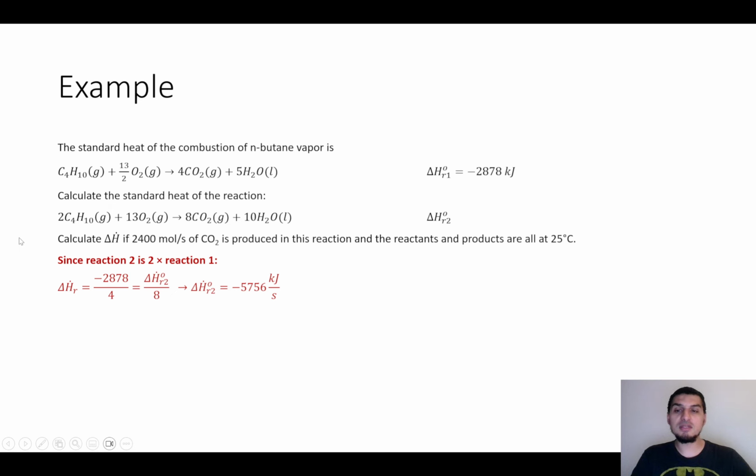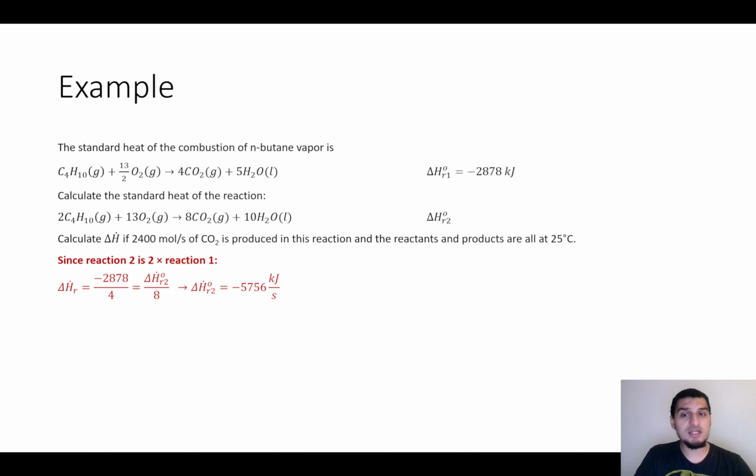So this is the first point. The second point is that if we want to use the second equation to calculate delta H for the same molar flow rate, it's the same number as before, but we apply this flow rate to the second equation, not the first. So we calculate the extent of reaction.